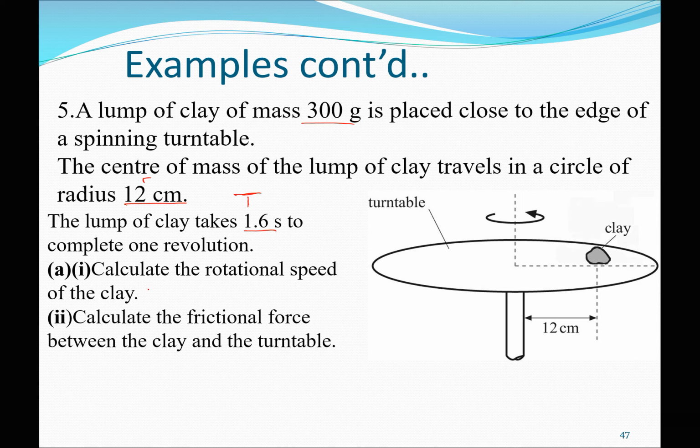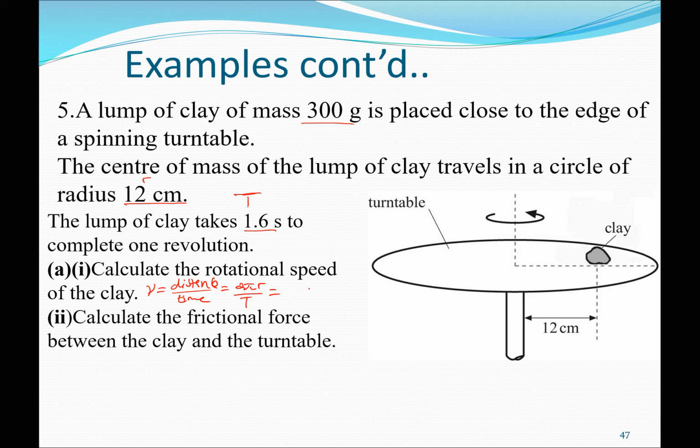So we can simply say speed is equal to distance over time. Because we have the time for one revolution, the distance for one complete cycle is the circumference, which is 2 pi r, over the time, which is the period.